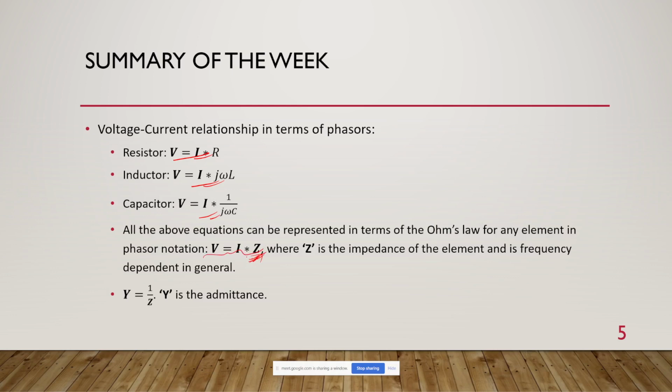With this notion, we can always write voltage current relationships in terms of Ohm's law. That is why we introduced this notion. After that, we also said that if you take the inverse of this impedance, you get admittance. So moving ahead.